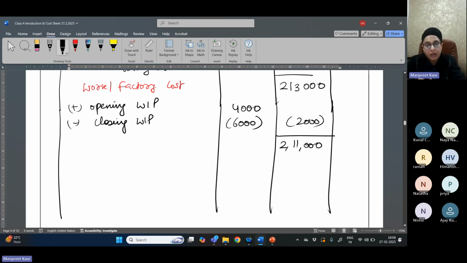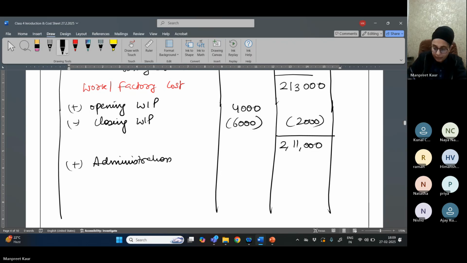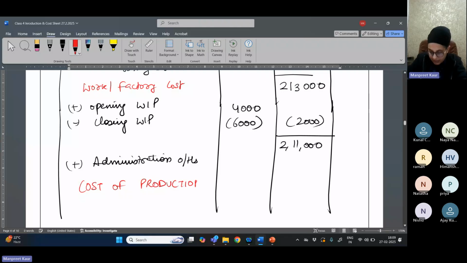Prime cost, then factory cost, then adjustment of factory cost. We will also add here administration overheads. Then we will get the cost of production.